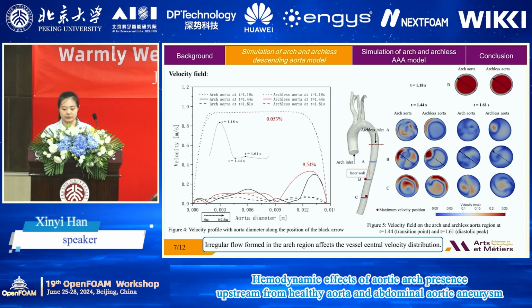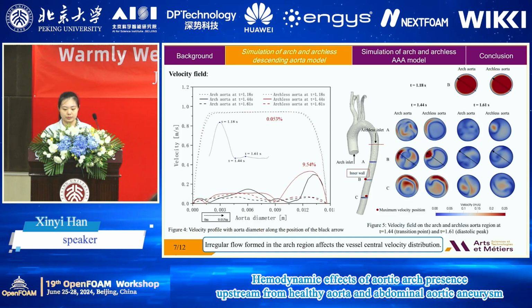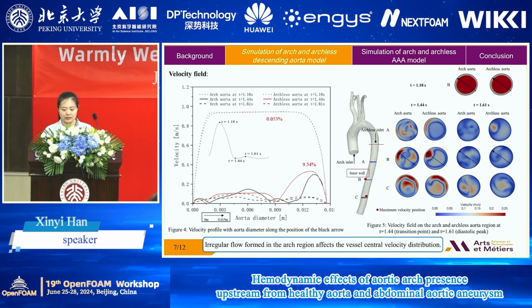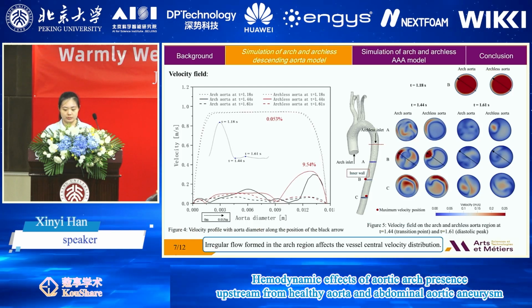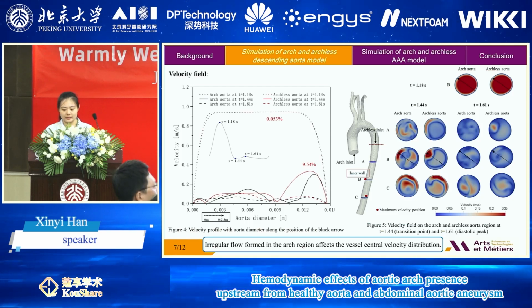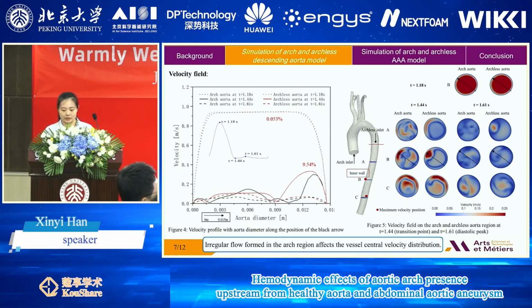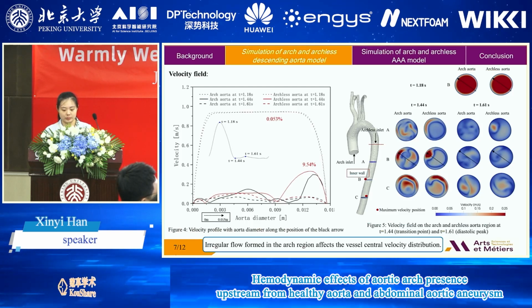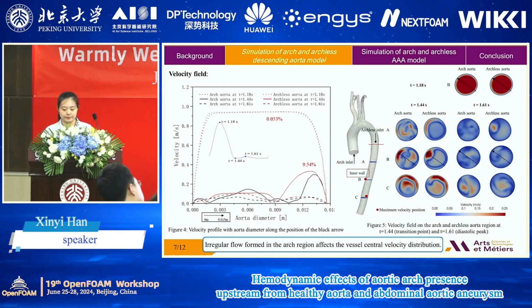The specific velocity fields are shown in the right figure to investigate the arch effect on the velocity distribution. The figure reveals the velocity field at A, B, C locations in arch and archless models at the transition point and the diastolic peak. In this figure, we can understand the position of maximum velocity is similar.